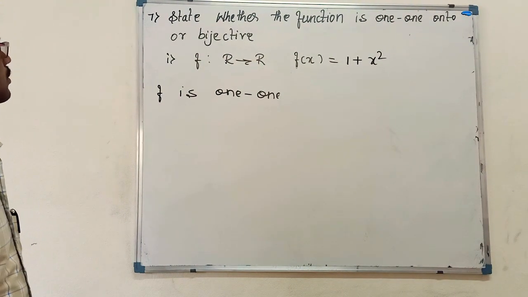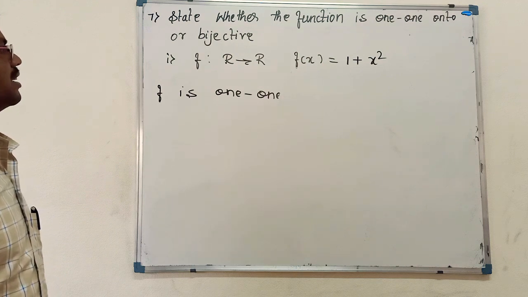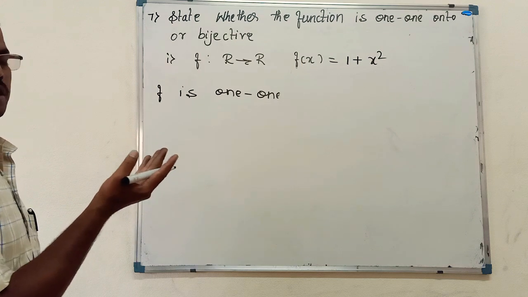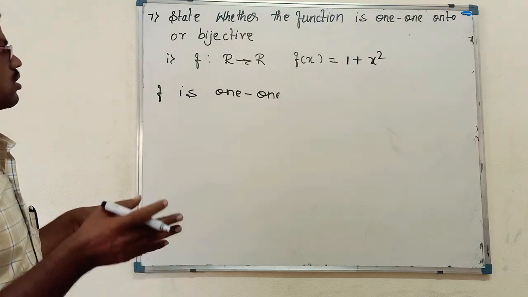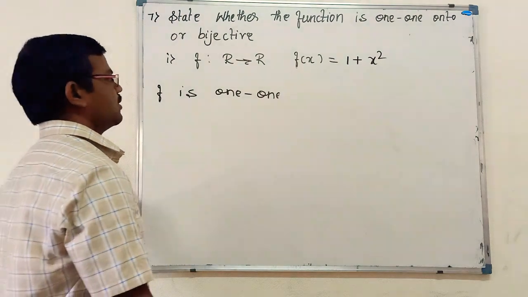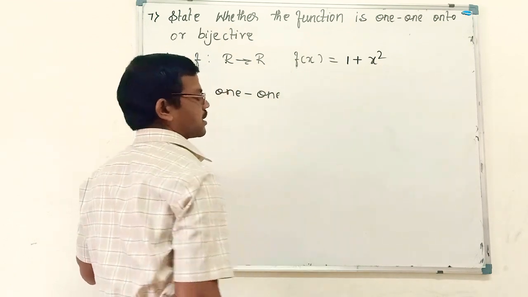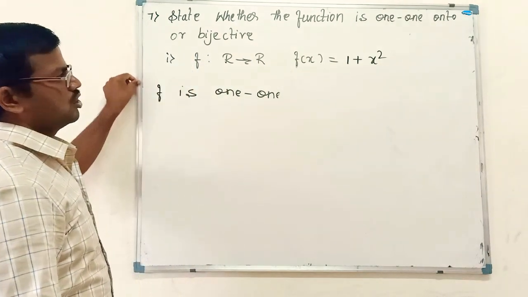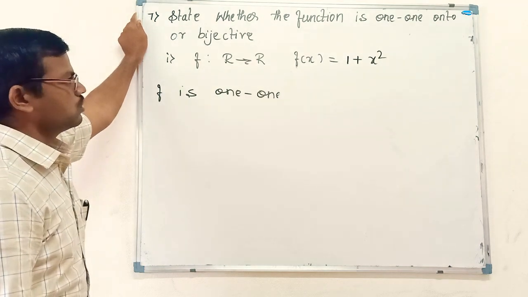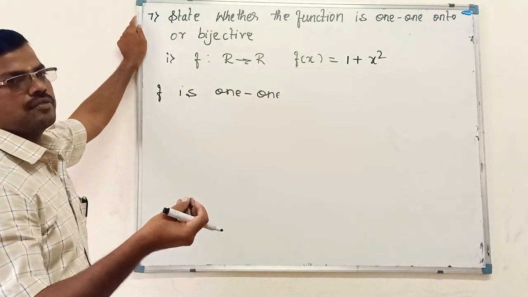So next problem, state whether the function is 1-1, onto or bijective function. We have to state whether it will become 1-1 or not, onto or not, or bijective or not. That we have to prove. So the given definition for that function is f of x is equal to 1 plus x squared. To show that the function is 1-1, we know how to show it. For that we have to take different elements and identify their images.